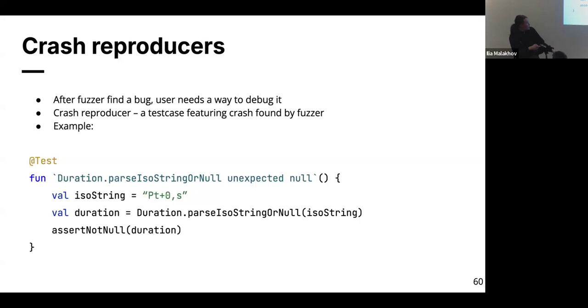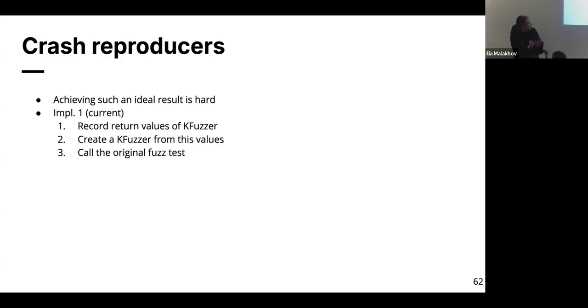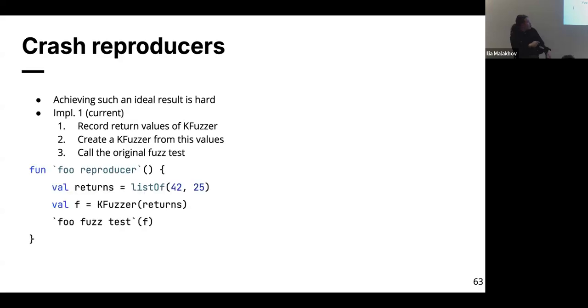The problem is that achieving such an ideal result is very hard. So we started. The first idea is just to record the values which kfuzzer returned during execution. Then we just create a kfuzzer from these values, and then we just call the original fuzz test.